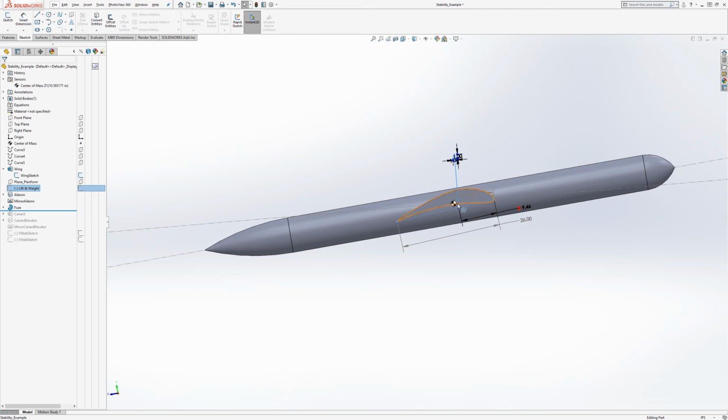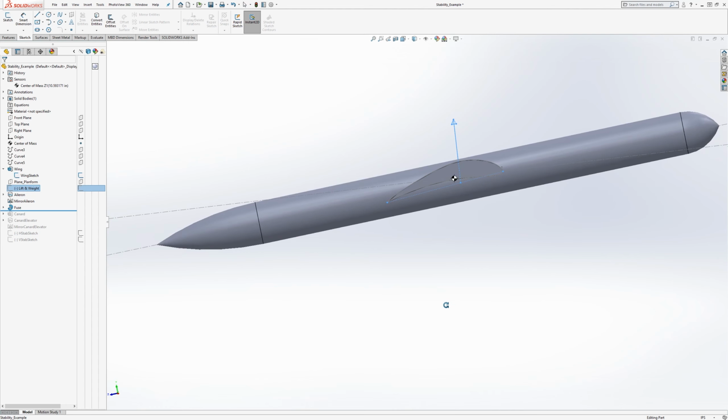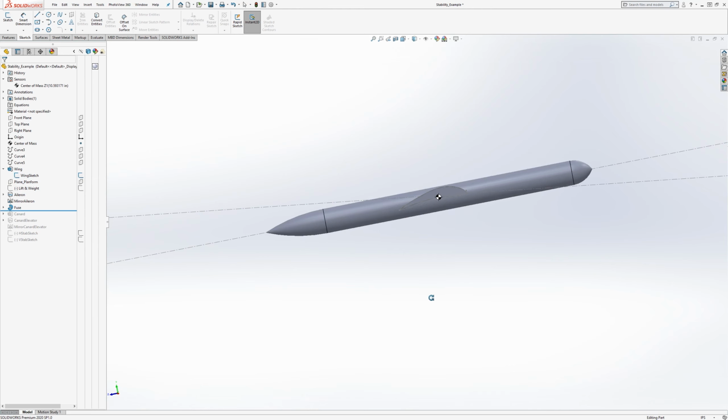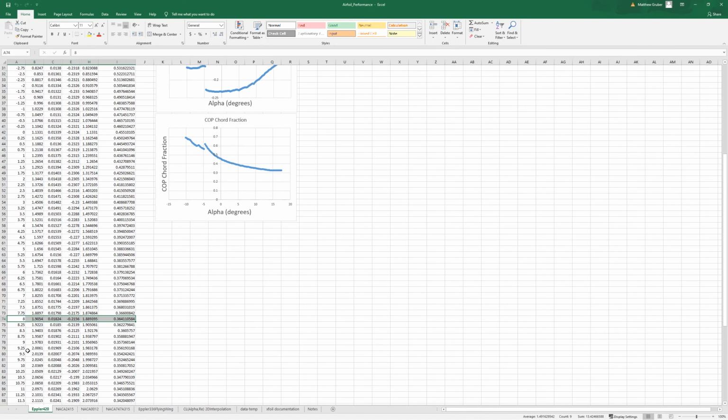if we're now pitching up, let's say another couple of degrees, let's go in here and change this to 7. So now our total angle of attack is 10. If we go check at 10, we moved even farther forward to 35% chord.